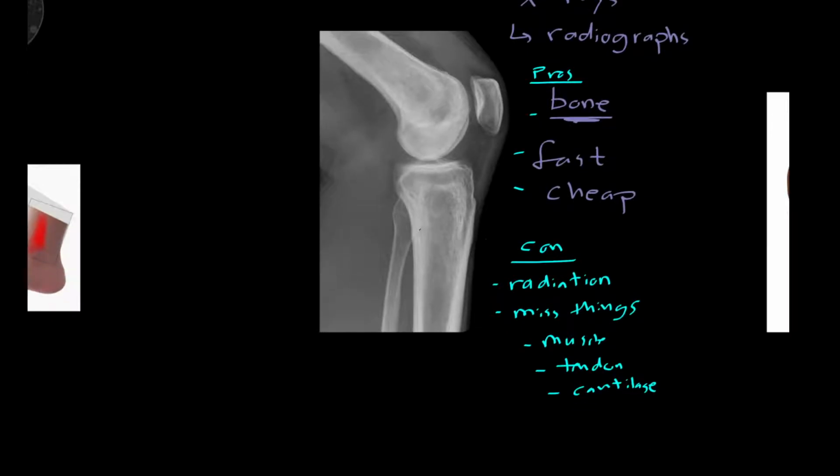A subtler point is that the lower resolution of the X-ray also means you can miss smaller bone things. And by smaller bone things, what I mean is stress fractures, specifically. A few other things also, but primarily stress fractures.